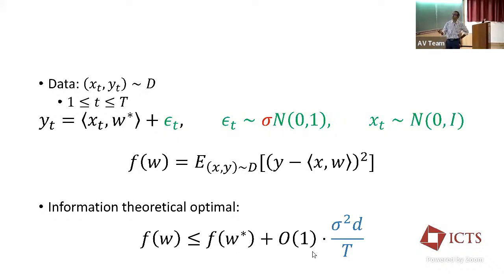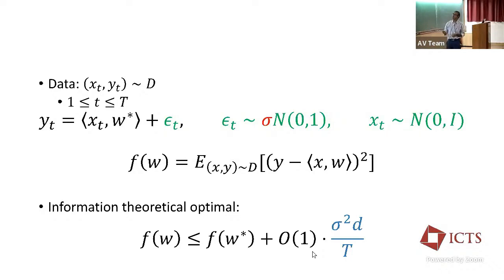The parameters are given by some vector w. For simplicity for now, we assume that yt can be written as the inner product of xt with some optimal parameter w star plus some noise, where this noise is independent of the data and comes from a Gaussian distribution with standard deviation sigma. And for simplicity on this slide, we'll also assume that the data point itself comes from some Gaussian distribution. So it's a really simple setting.